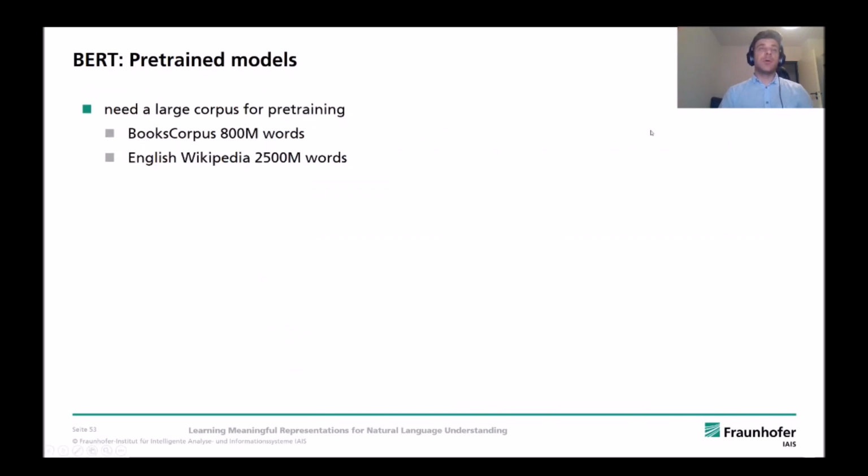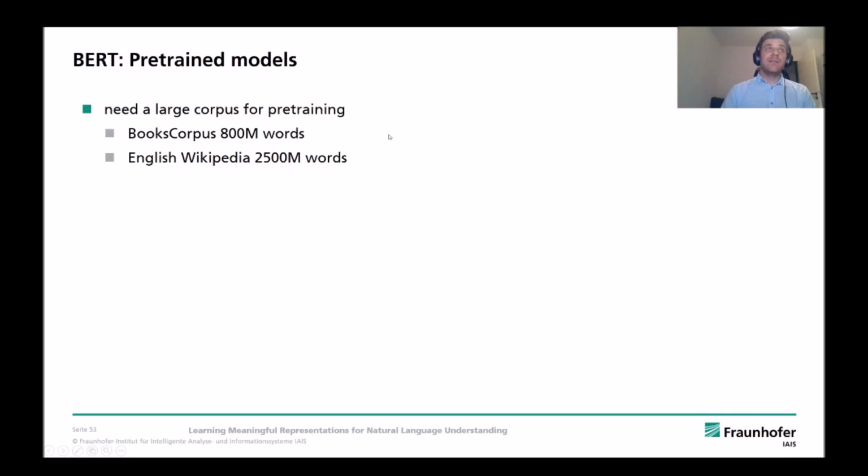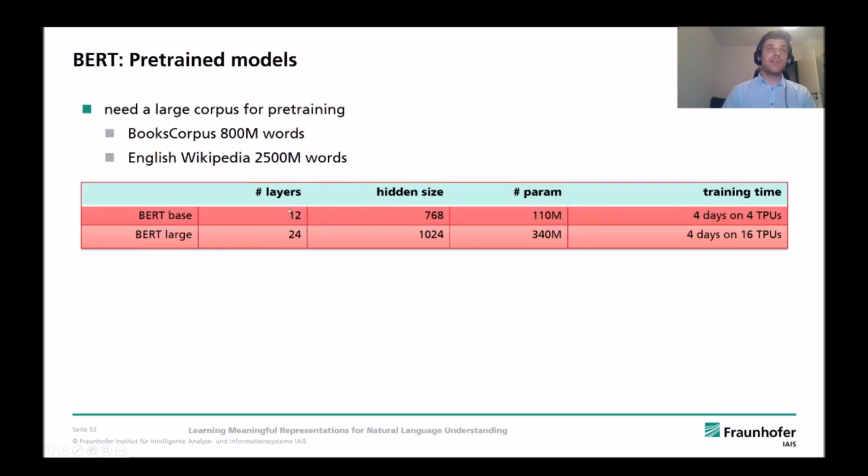Now, just as ELMo and the other language modeling approaches, BERT needs a lot of data for pre-training, large corpora of text. If we train BERT, for example, on the BooksCorpus, which is 800 million words, and English Wikipedia, which consists of 2.5 billion words, it takes, for the small BERT version, which has 12 encoder layers and a hidden size of 768, so approximately 110 million parameters, 4 days on 4 TPUs.